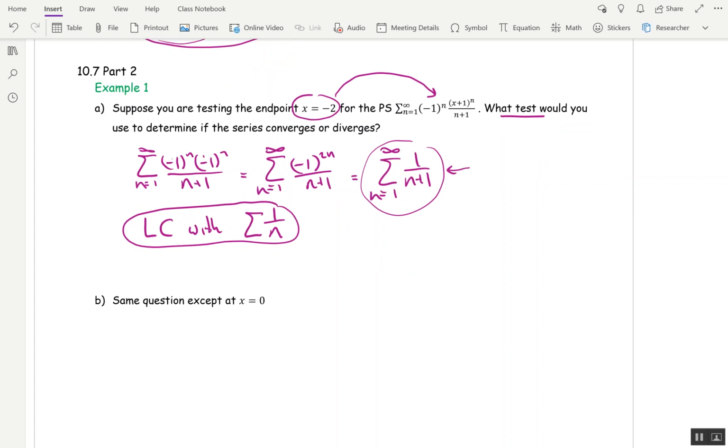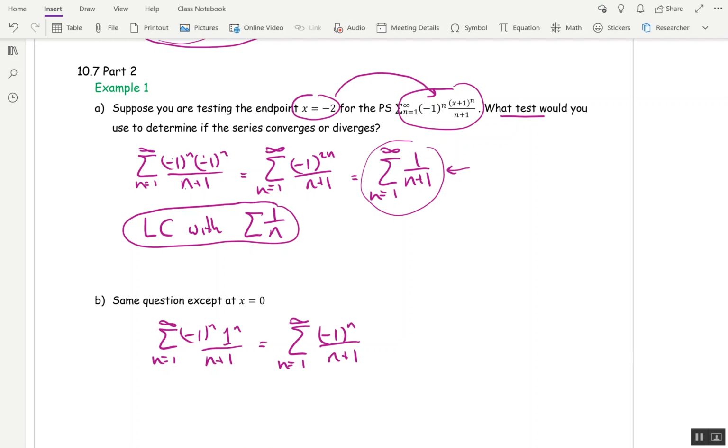All right, same question, except now we want to test the endpoint x equals 0. So again, we take x equals 0 and plug it in to that infinite series to see what we get. We get the sum from n equals 1 to infinity, -1 to the n, 1 to the n over n plus 1. Now, 1 to the n is 1, so this is the sum, n equals 1 to infinity of -1 to the n over n plus 1.